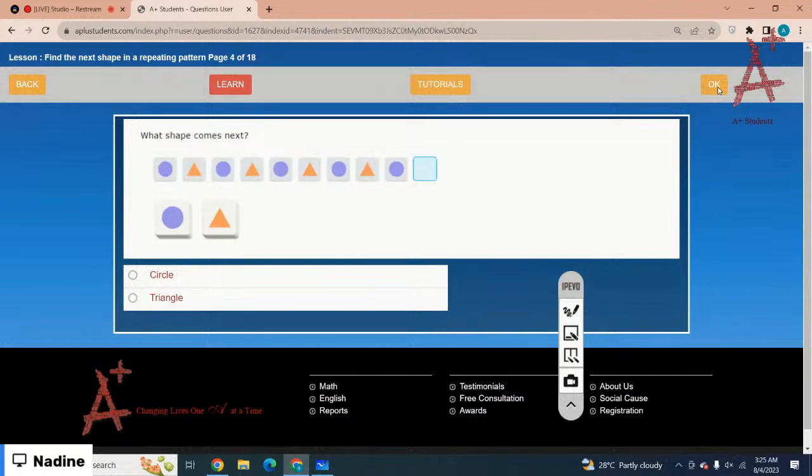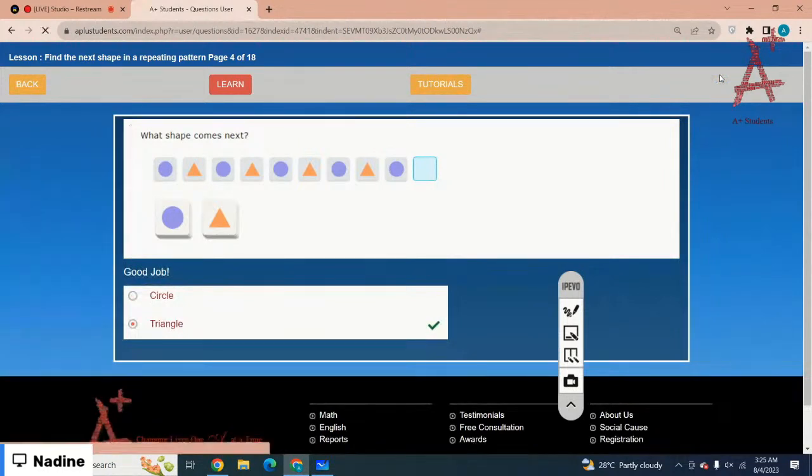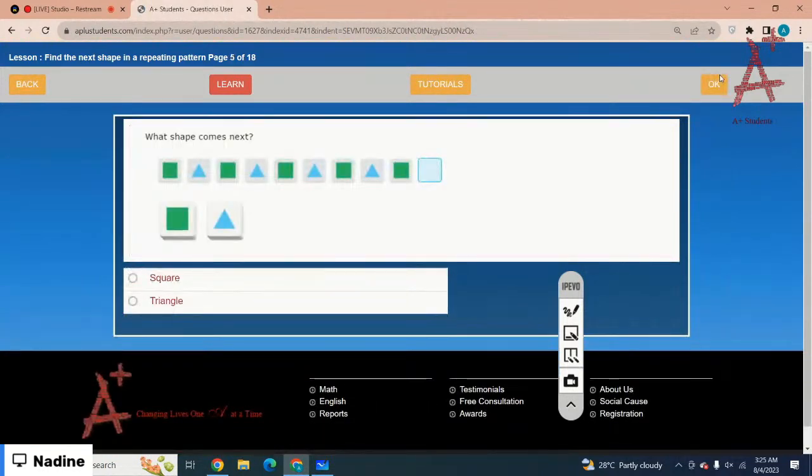The correct option is triangle. Right after circle, you have a triangle in the pattern, right? And the pattern repeats itself over and over again. Which shape comes next? Yes, it is a triangle.